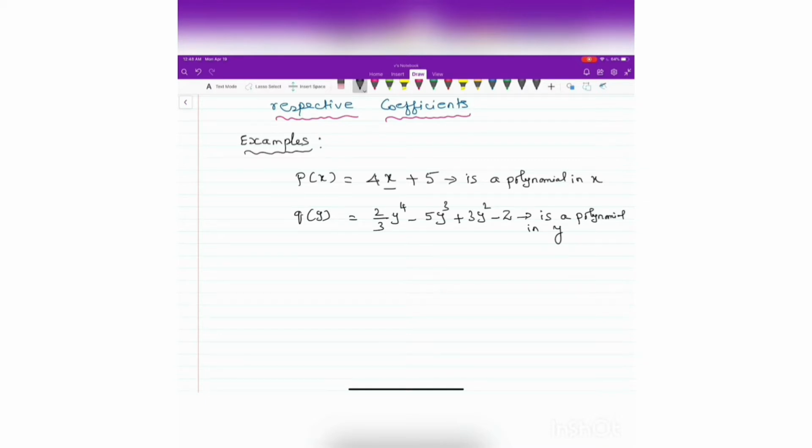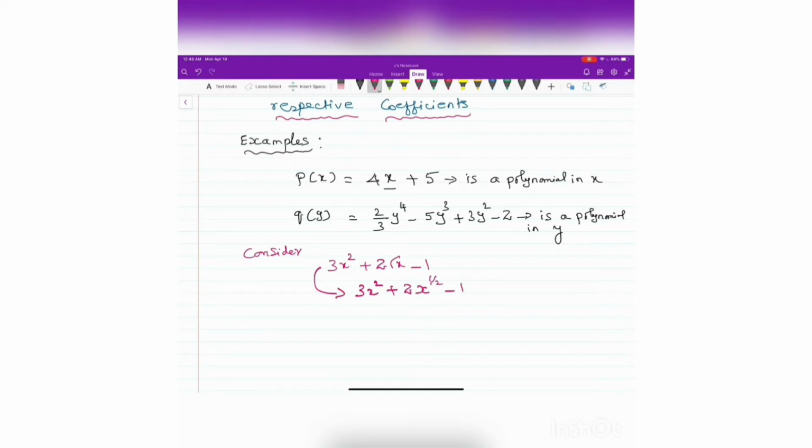Okay. Now you consider 3x square plus 2 root x minus 1. Is it a polynomial? See, you can write this as 3x square plus 2x to the power half minus 1.